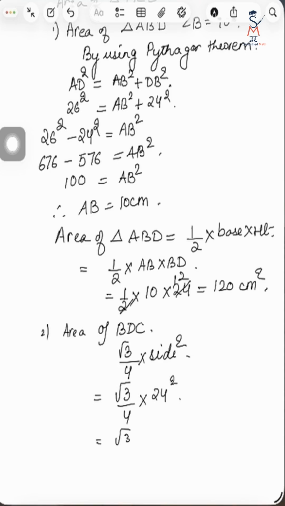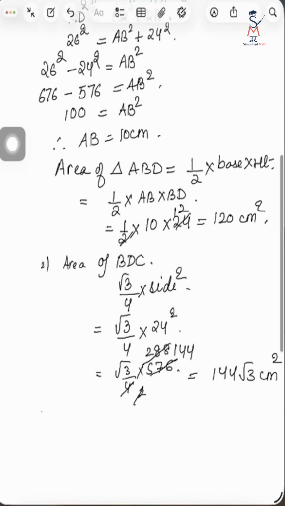So root 3 by 4 into 576. So this gets cancelled. 4 2s are 8, 2s are 16, 8 and 144. So it becomes 144 root 3 centimeter square because it's an area.